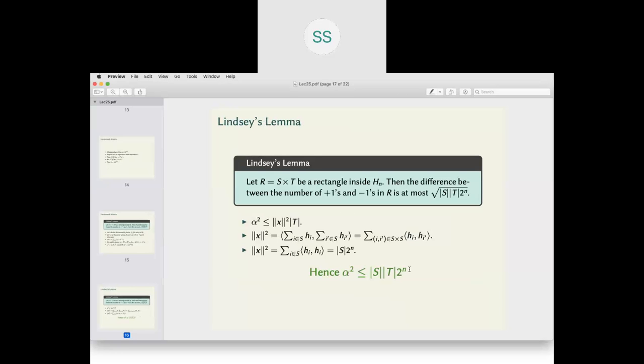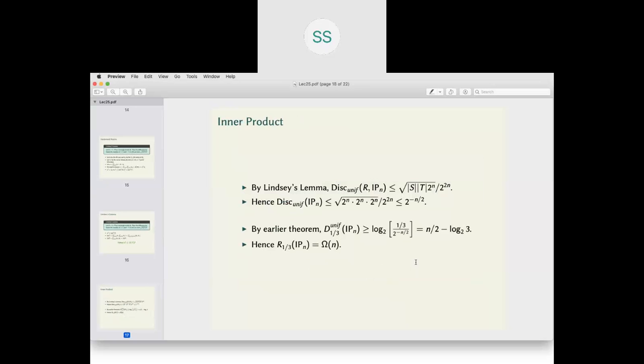This bounded the discrepancy if you take s to be the maximum, t to be the maximum, and thus we got a bound on the discrepancy and hence a bound on the distributional complexity and hence a bound on the randomized complexity. And we showed that the randomized complexity of the inner product function is linear.